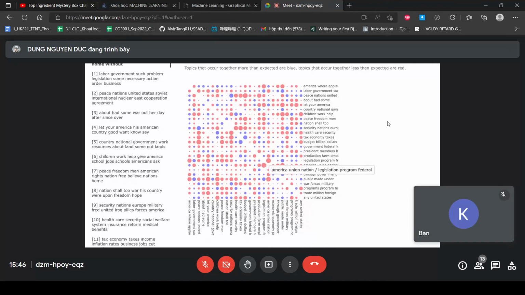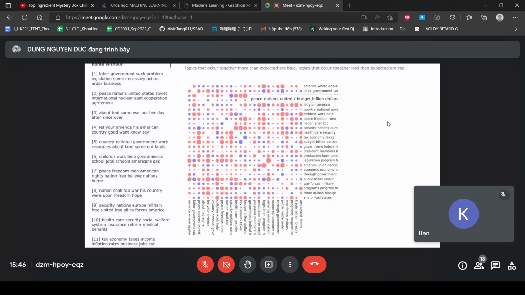So, for example, United Nations is very likely to appear along with legislation, program, federal. It's something related to politics. And peace, nations, United, and purchased $1 billion. Looks like they use a lot of money, right?